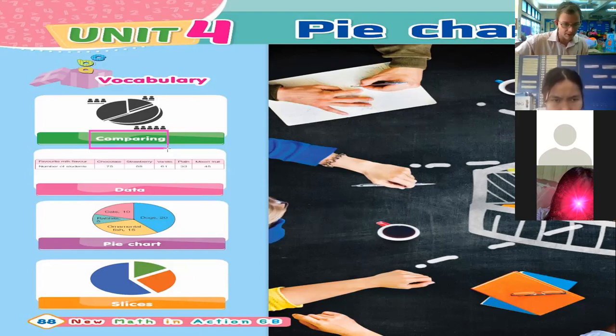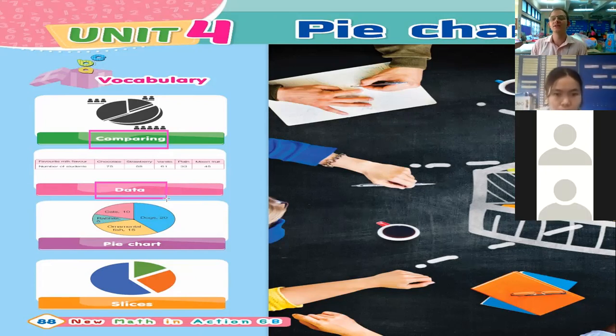Okay, the next one is data. Data is just a set of information we gather by completing certain tasks. So we'll talk about how data works in a little bit. And then we have our pie chart. This is the one we're going to focus most of our time on. And we're going to talk about how to read the pie chart as well.